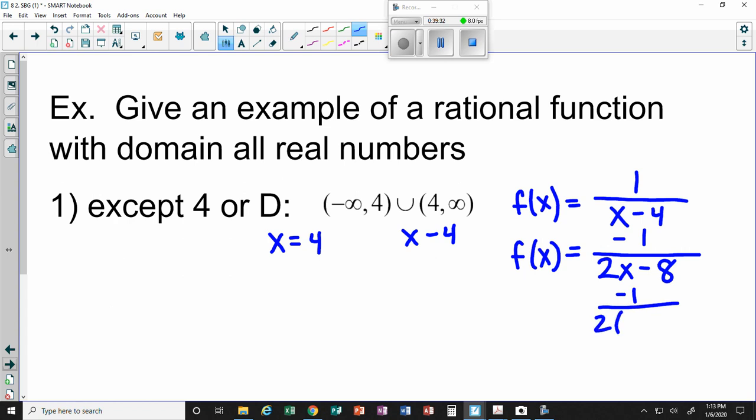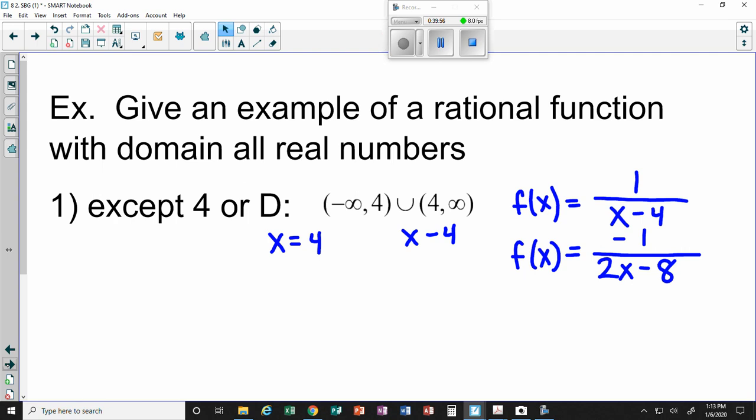If I factor the 2 out, what factor am I left with here? X minus 4, so x minus 4 is a factor. So just make sure you recognize that either one of these would work, as long as x minus 4 is a factor in the denominator. That means 4 would be exempt from this domain.